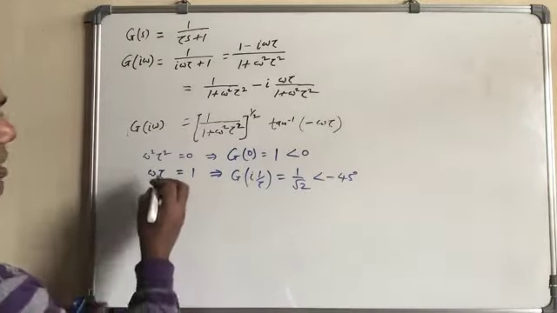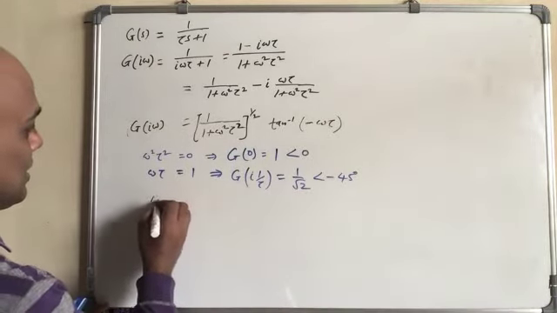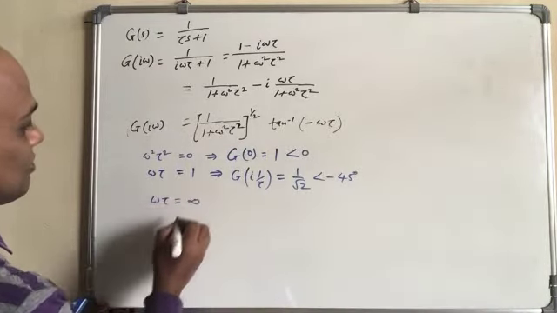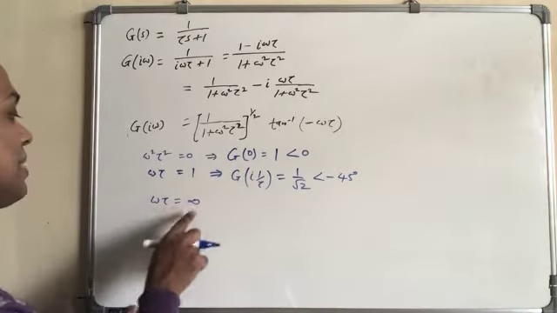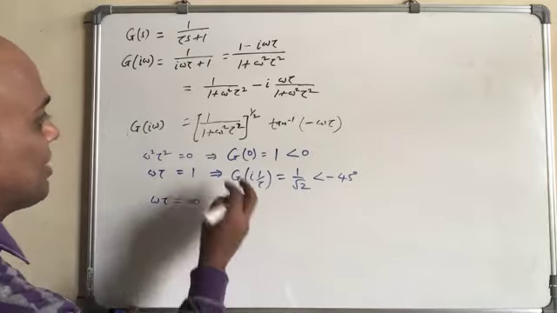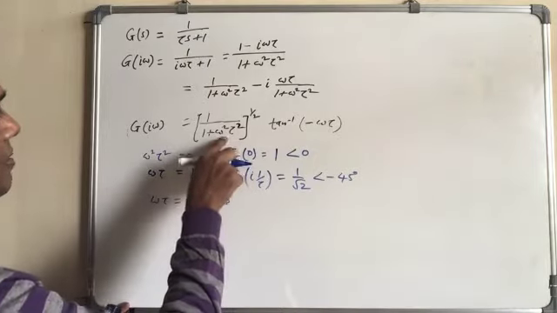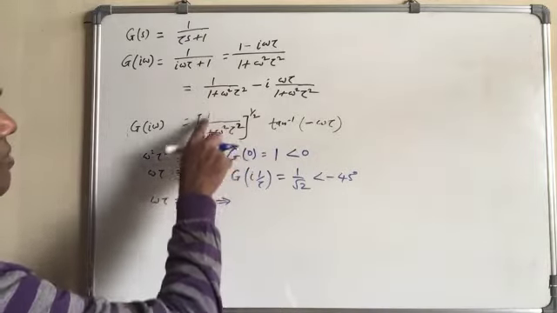Now ωτ equal to infinity. Since τ is a constant, ω increases to infinity, and in that case the magnitude value will be 0.